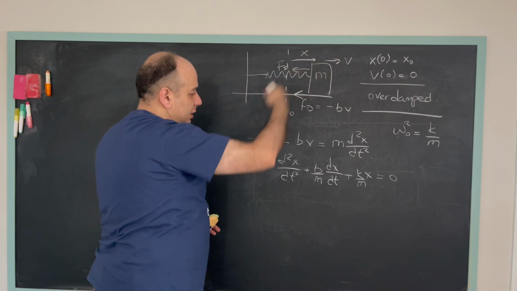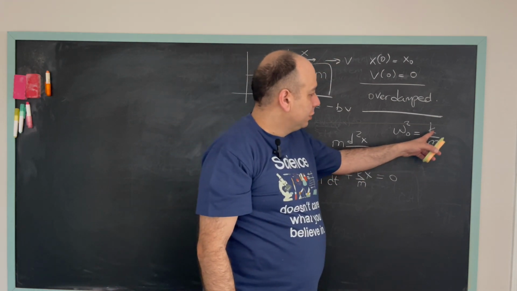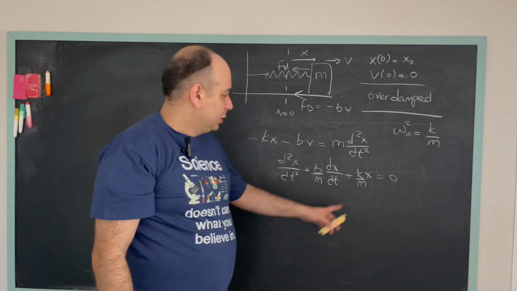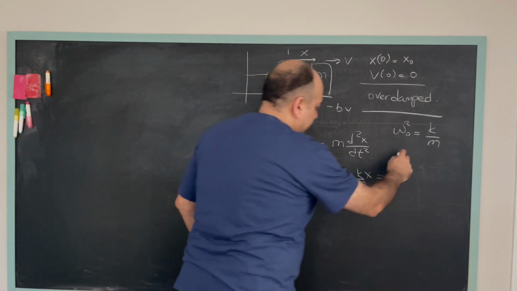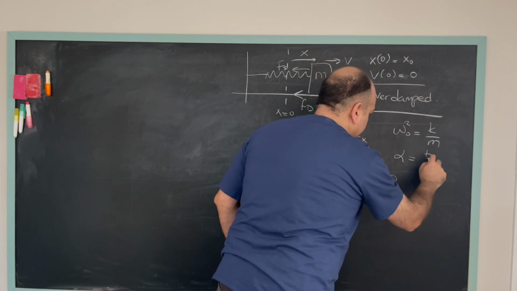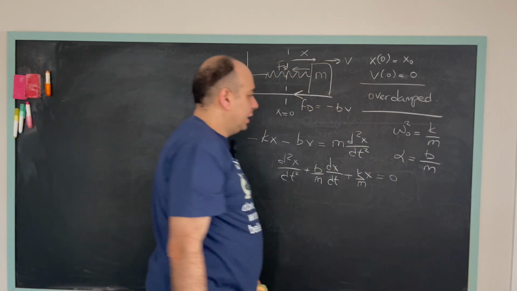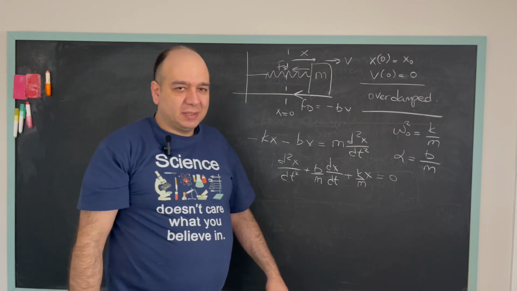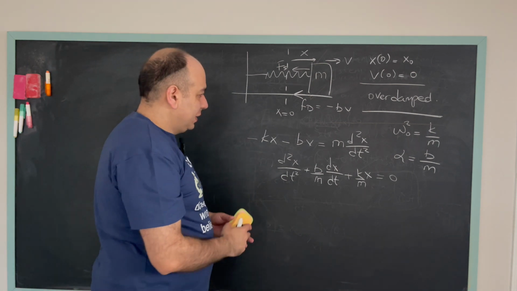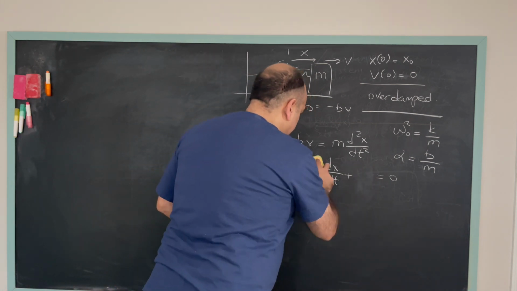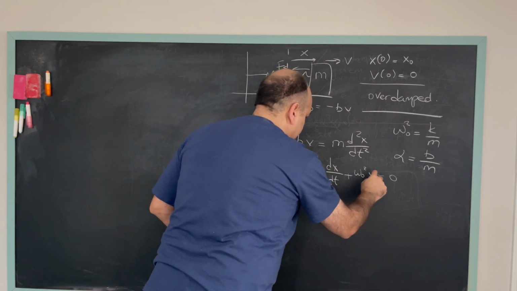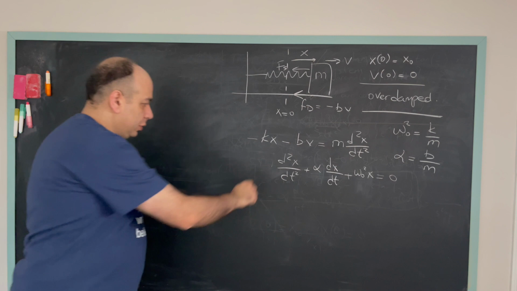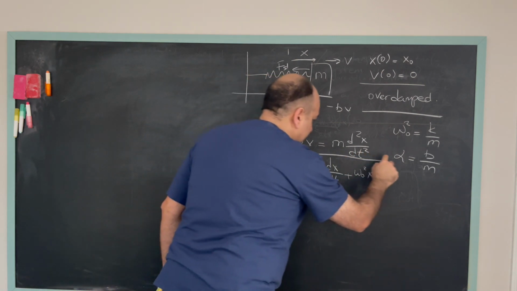And the oscillation frequency would be square root of k over m. Okay? So that's why this is special. So I'll call b over m as alpha for simplicity. So you can call it like a damping factor. Okay? So in the end, this equation turns into this: x double dot plus alpha x dot plus omega naught squared times x equals 0. So we would like to solve this using Laplace transform.